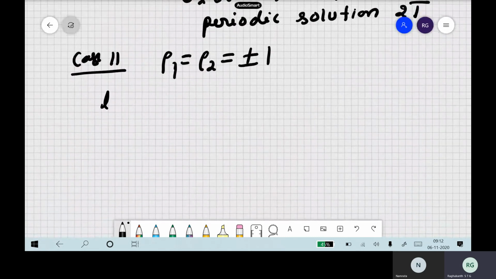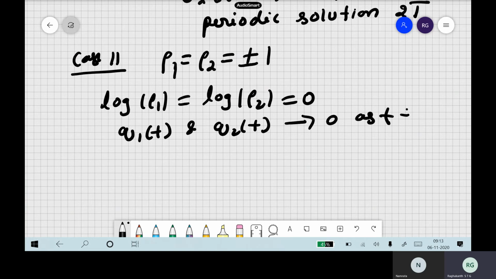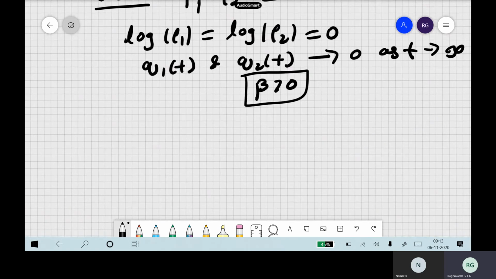Since log of rho 1 and log of rho 2 become 0, obviously one can say that q1 of t and q2 of t, both the solutions corresponding to rho 1 and rho 2, tend to 0 as t tends to infinity. And because our beta is greater than 0, e to the power of minus beta t comes in, and finally everything collapses.